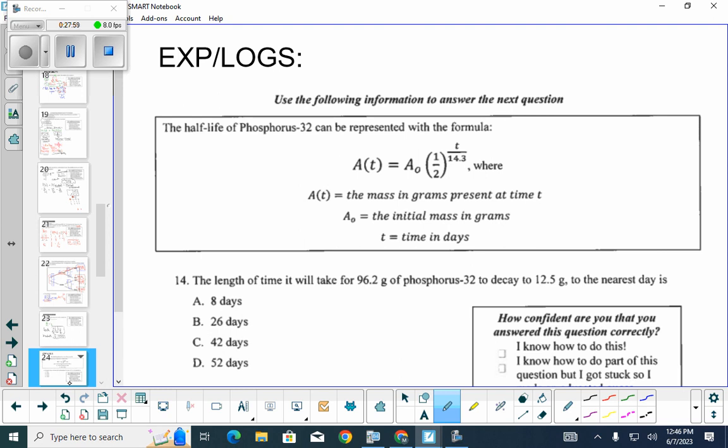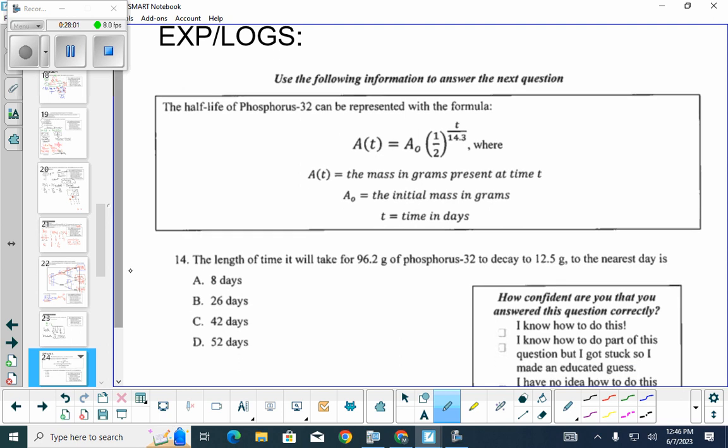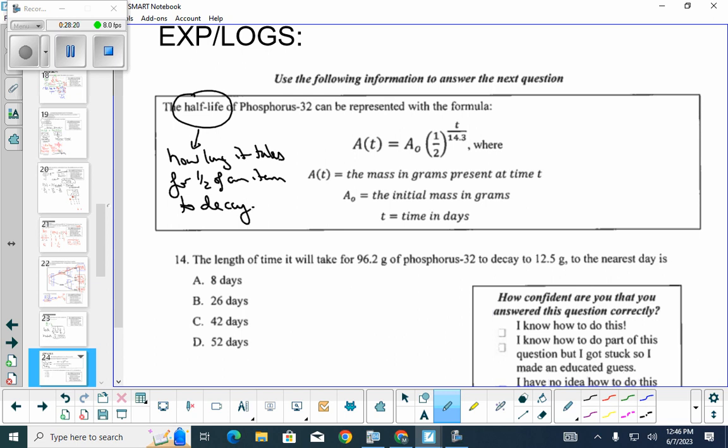Okay? So, half-life. We talked about what half-life is. Half-life is how long it takes for half of an item to decay. In other words, how long it takes to lose 50% of something.